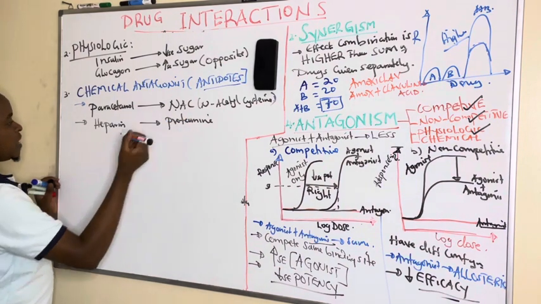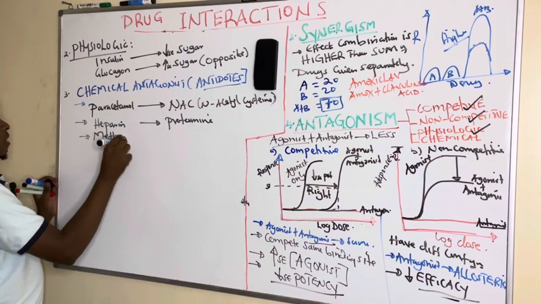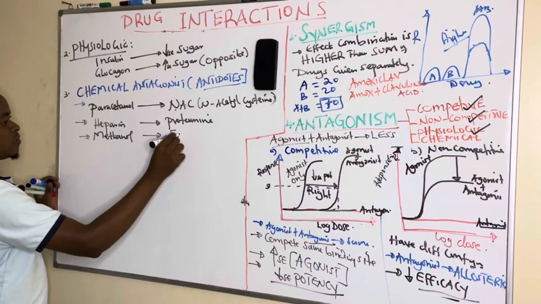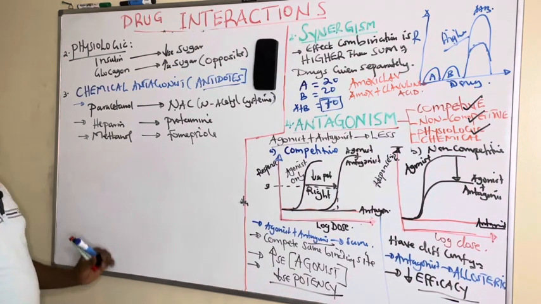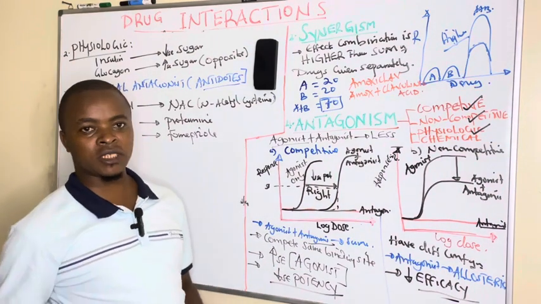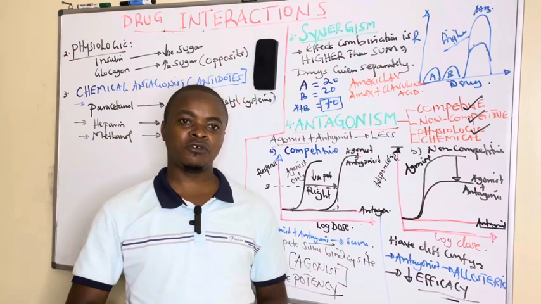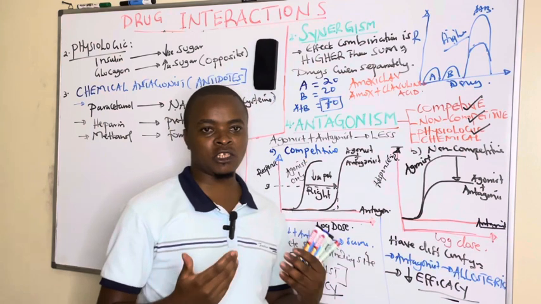Then when you are intoxicated with methanol, maybe you're working in the lab, we can always give you fomepizole as an antidote. Then with cholinergic agonists like physostigmine and neostigmine, we can always give you atropine as an antidote. So there are many antidotes used.